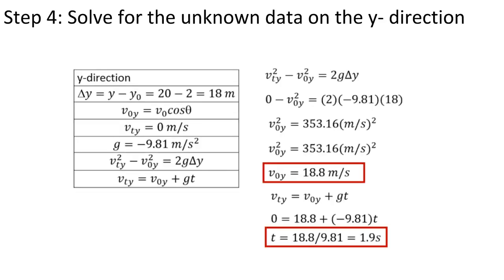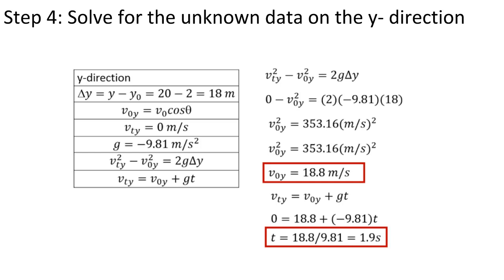So for the fourth step, we are going to first solve for the y direction because it is easier to solve. We have more values and we can therefore get more unknown values out of it. So we're going to use the formula vTy squared minus v0y squared equals 2g delta y. vTy and v0y are the final and initial velocities in the y direction respectively. g is the acceleration, delta y is the vertical displacement.